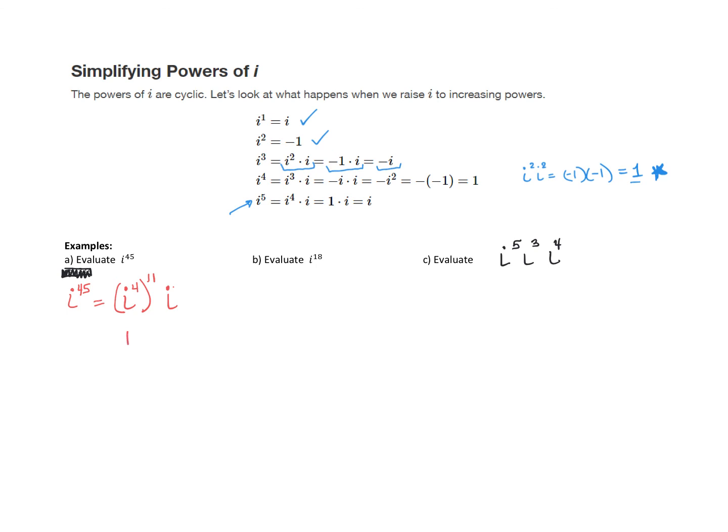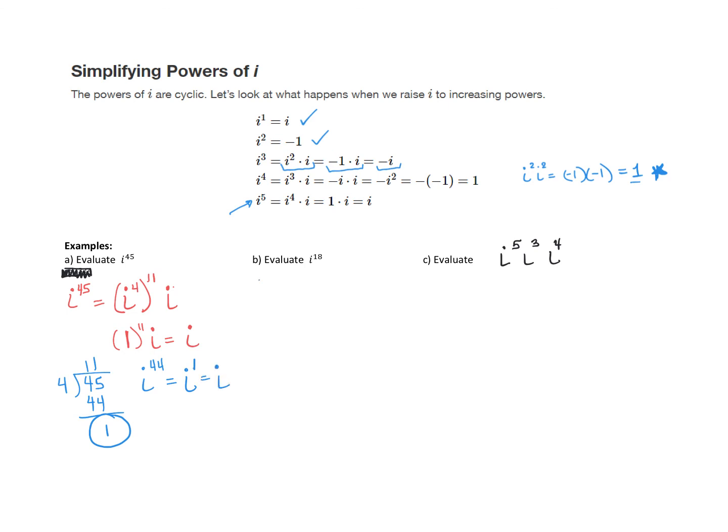Well, we know this is just 1 to the 11th times i, and we get i. So the shortcut way to do this is to take our 45 and divide by 4. We know that's 11, and we get 1 as a remainder. So i to the 45th is the same as i to the 1st, or just i.